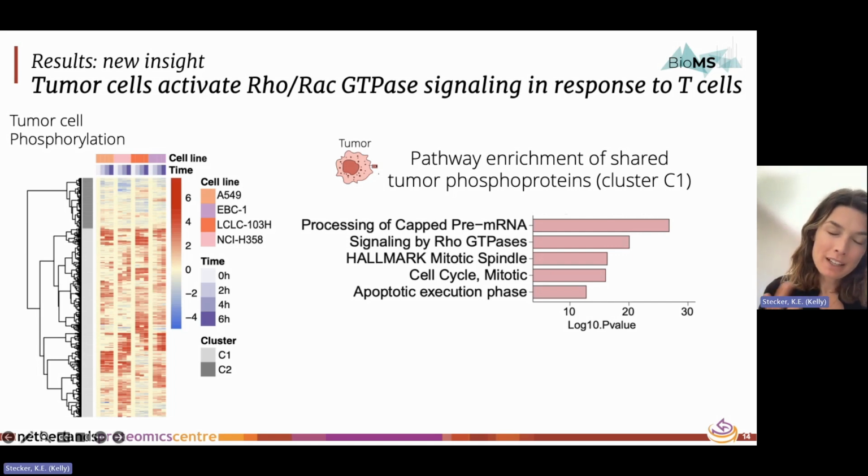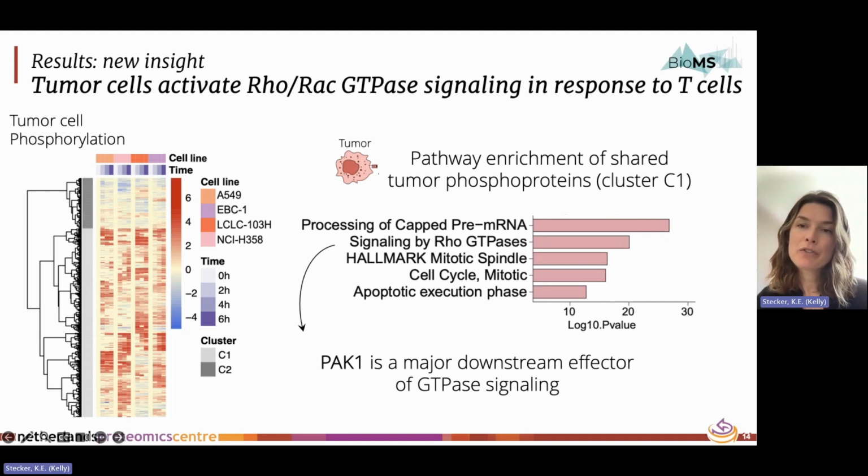And when we cluster this data and we extract the upregulated phosphorylation sites in tumor cells, and we do a GO enrichment analysis, which I'm showing here on the right, we see that several pathways come up, including signaling by Rho GTPases as the second most enriched pathway.